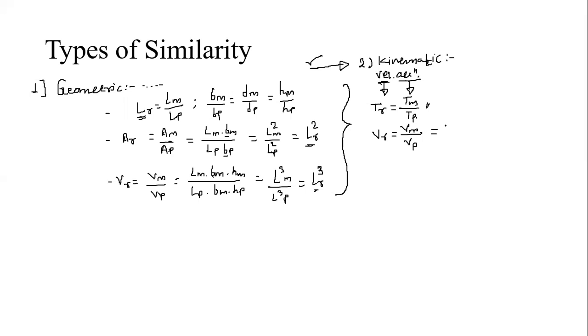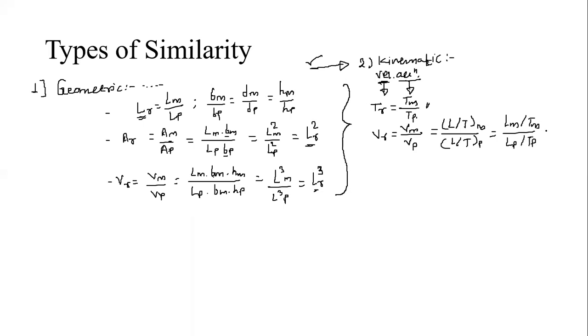Distance has once again the dimension of length. So I would like to write length divided by time for the velocity in the model divided by length divided by time for the prototype. It means it will be equal to LM, that is the length in the model, divided by time of a model upon length in a prototype upon time of a prototype.